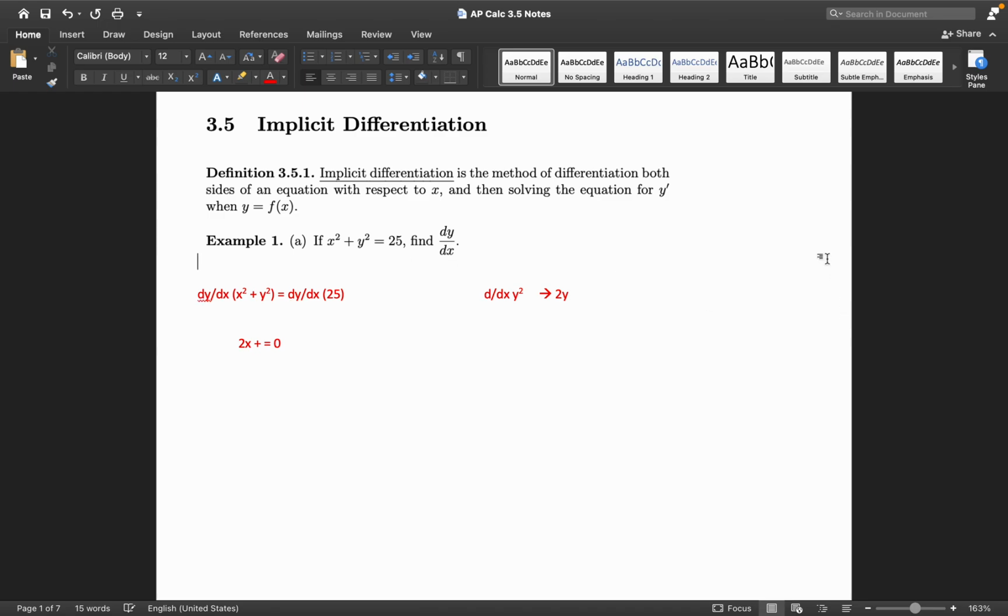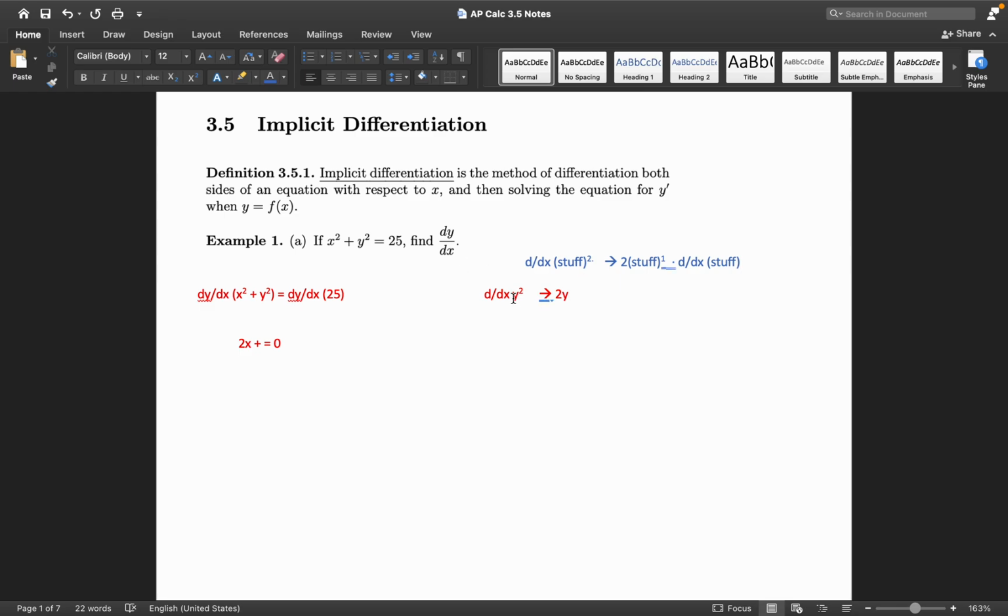It's almost like if we were to take the derivative of stuff squared. In that case, it would be 2 times the quantity stuff, but with our chain rule, we'd have to multiply by the derivative of stuff, whatever that inside function is.